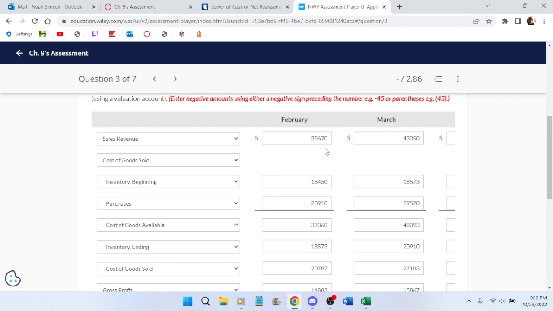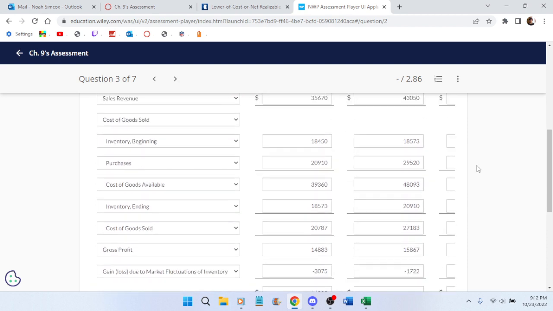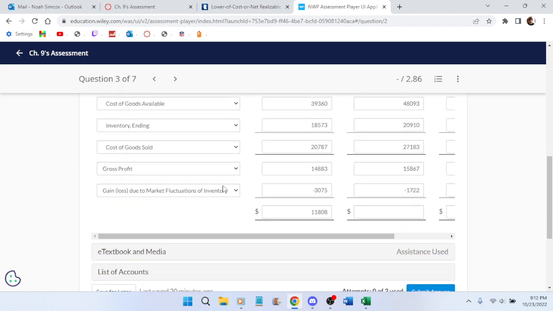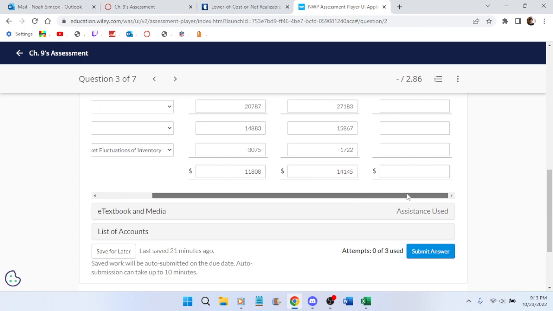I'm just going to put these as negatives. So, anyways, 15,867 minus 1722, 14,145. I'm not going to be surprised at all if a million parts of this are wrong.